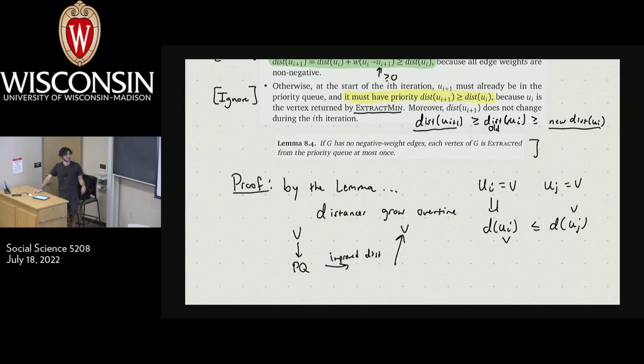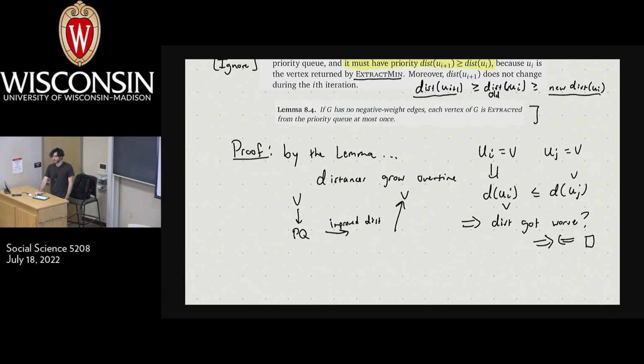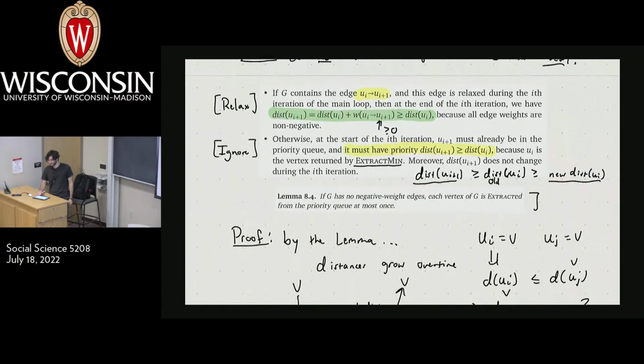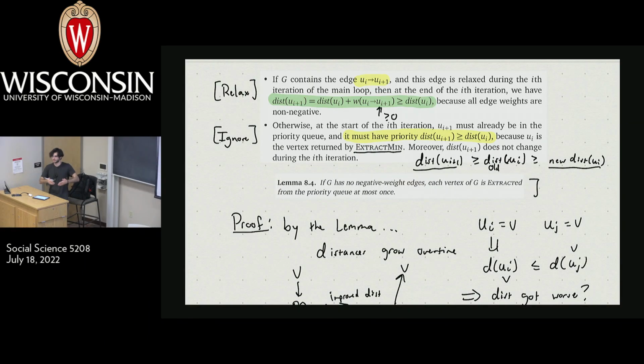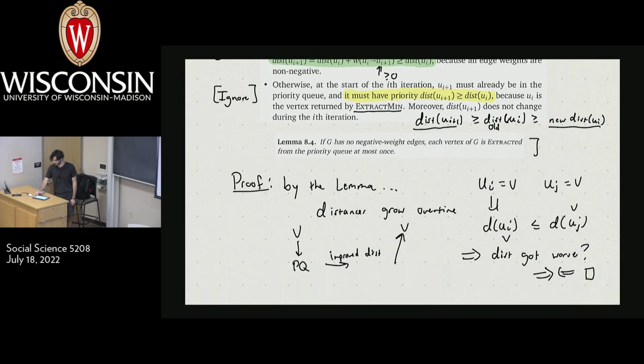That's the only way this could happen. So this implies your distance got worse, which is a contradiction. So it can only be put on the queue twice, it can only be extracted twice, if its distance got worse due to a relaxation. But by definition of relaxation, you don't relax an edge unless it improves your distance. So that can never happen.